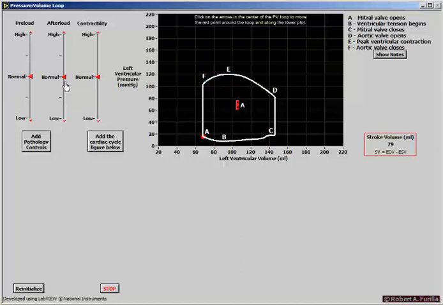Now, afterload is the force impeding blood from leaving the heart, and that is a direct result of arterial blood pressure. If arterial blood pressure rises, it's going to be harder to get the blood out of the heart into this higher pressure. So if I increase afterload, we can see the heart filled to the same level. It required a little more pressure to get the aortic valve to open, owing to an increase in diastolic aortic pressure.